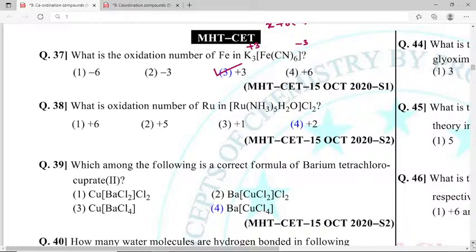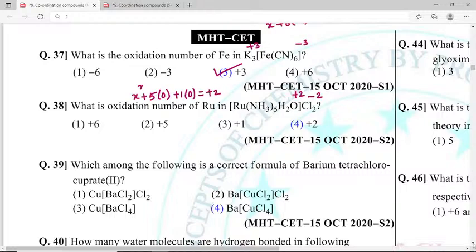What is the oxidation number of ruthenium, Ru, in [Ru(NH3)5(H2O)]Cl2? Ruthenium is in a complex. Cl2 is minus 2 and the complex has plus 2. So the calculation: ruthenium has the value x, plus 5 times ammonia, each ammonia 0 because neutral, plus 1 water, each water 0 because neutral, is equal to plus 2.